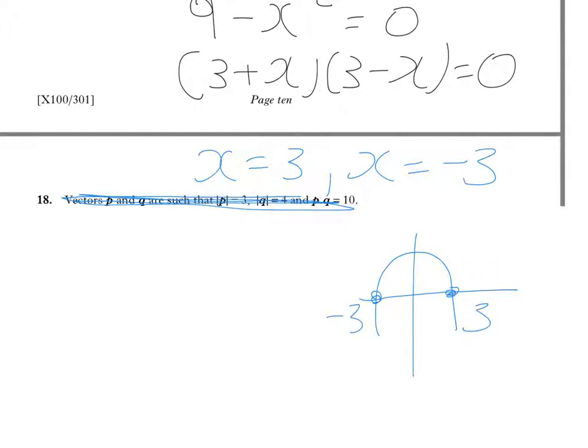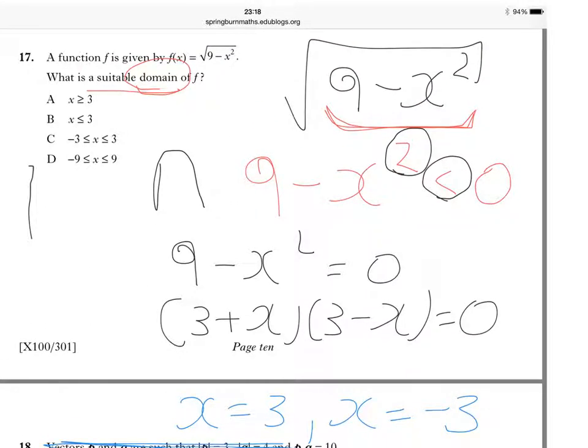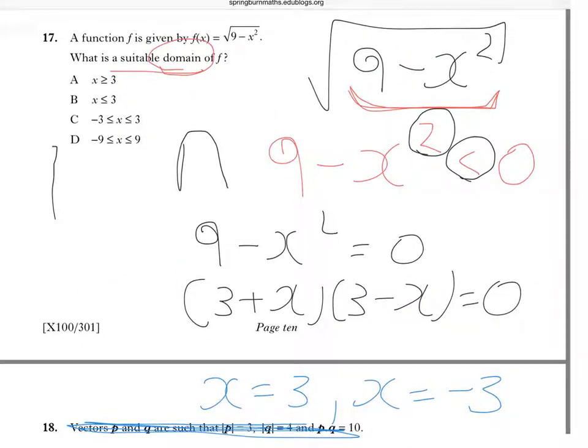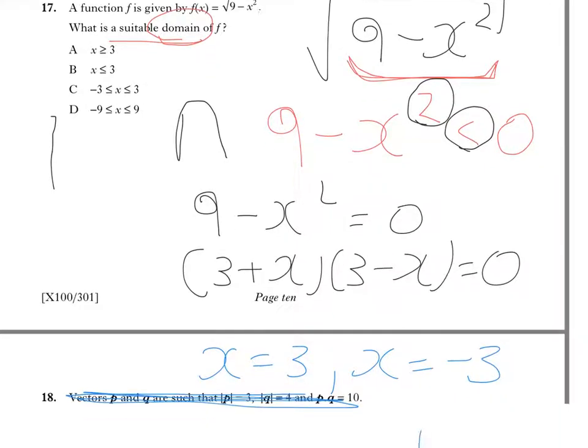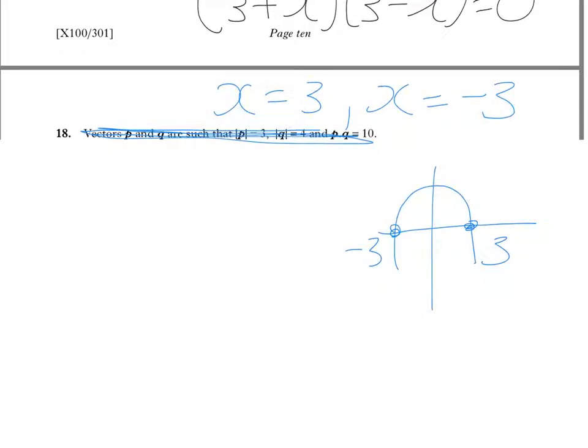Now, if I go back to the original, square root of 9 minus x squared, what we can't have is that thing inside the square root sign being a negative number. So 9 minus x squared cannot be less than 0. Where it's less than 0 is, you can see pretty clearly, down here and down here.